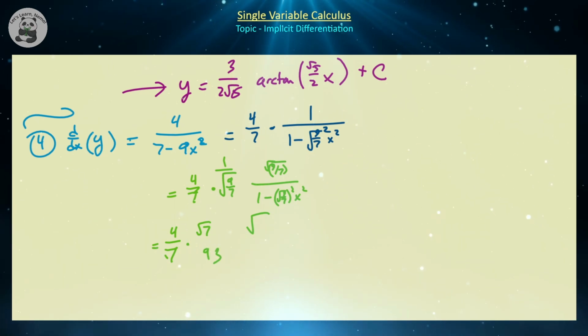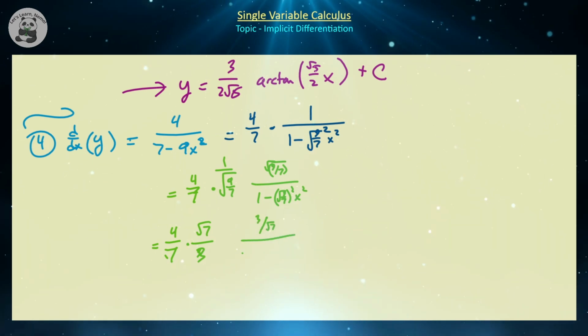So I'm going to have 3 over the square root of 7? Yeah, it's okay, just write it as 3. So that's going to give me what? On the top, we have 3 over the square root of 7. This doesn't matter really. And then 1 minus 3 over the square root of 7.